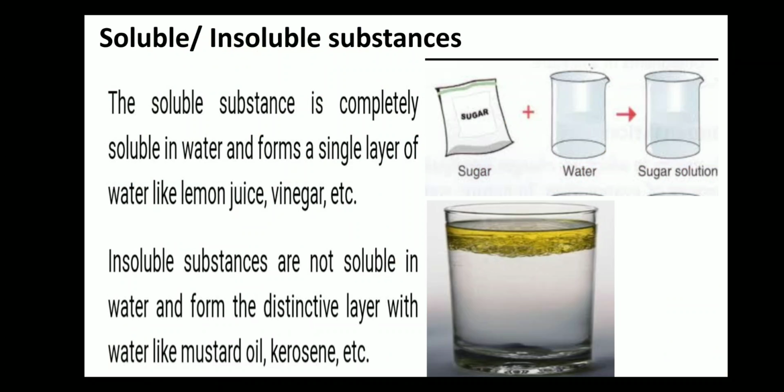They completely mix with water. Like when you mix sugar with water, it forms sugar solution. Okay. While some materials that do not dissolve in water, they are insoluble substance, like mustard oil, kerosene, etc. Okay.